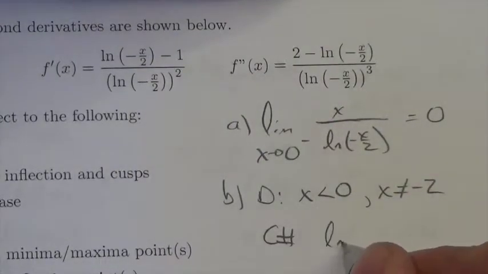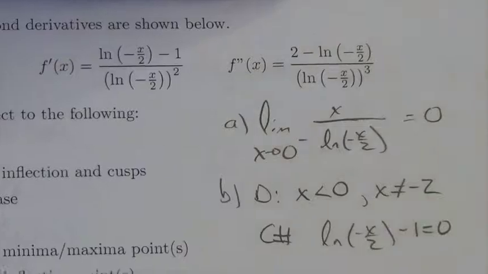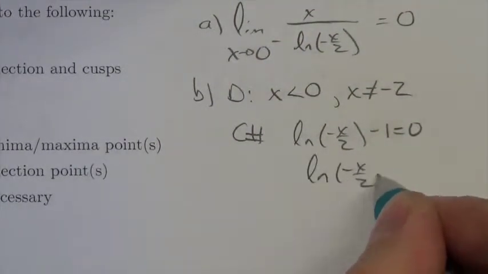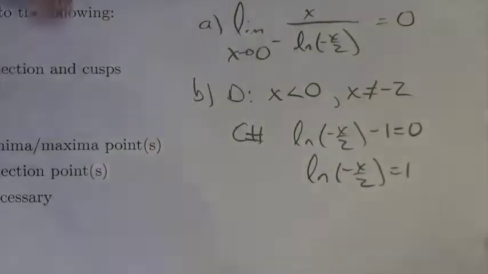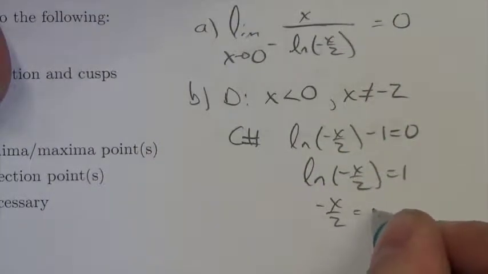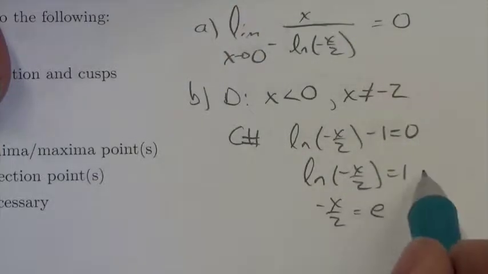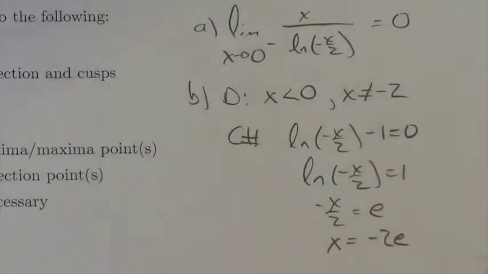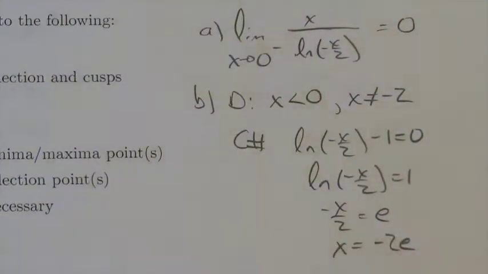That's going to be the natural log of negative x over 2 minus 1 equals 0. Let's solve that. Bring the 1 over. Convert to the exponential, so negative x over 2 is equal to e to the 1, which is e. And so x is going to equal negative 2e. Right there, there's a critical number.